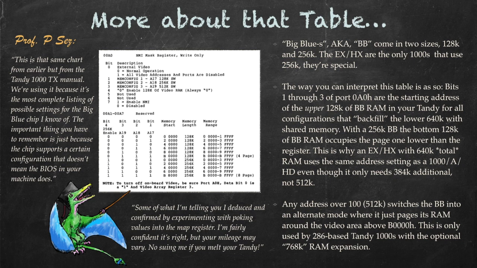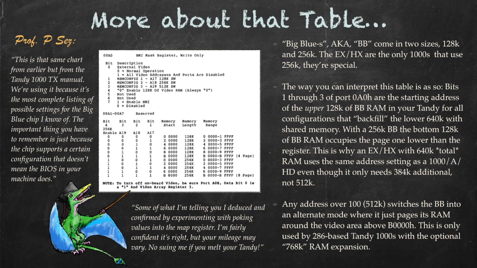So if you look at this table, the way you interpret it is there are 3 bits on this memory register, which lives at A0 hex. Those are basically address bits, just like you were decoding the top 3 address lines, A19, A18, A17.